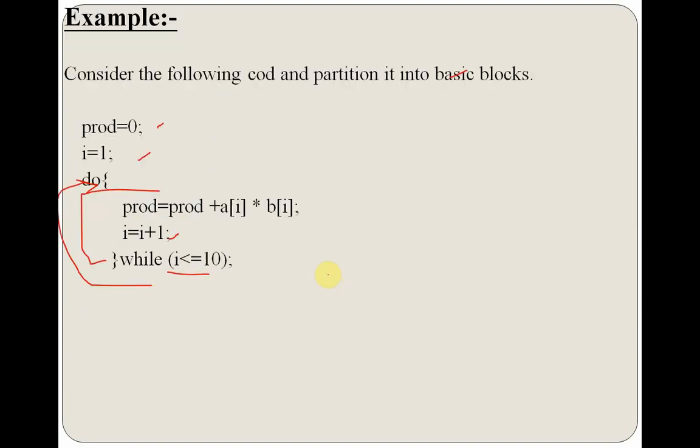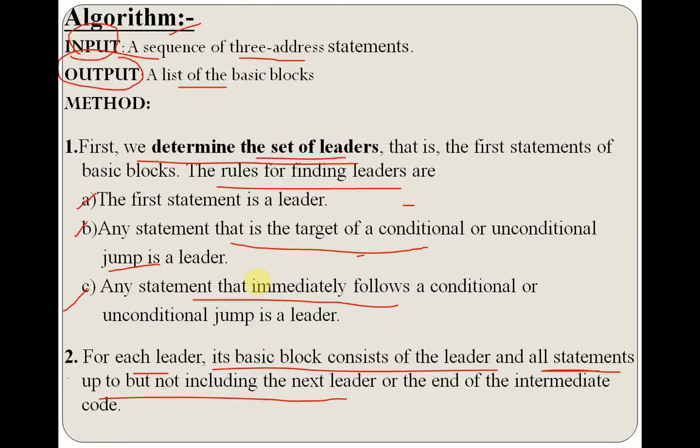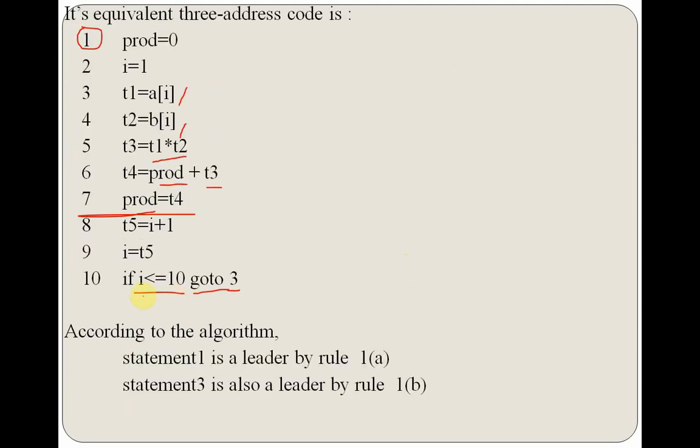See the conditional and unconditional statements in the code. The statement t1 equal to a of i is not a conditional statement. Only one conditional statement is available here: if i is less than or equal to 10, go to 3. Now rule 1b: any statement that is the target of a conditional jump is a leader. For this jump instruction, what is the target? The target is 3. So line number 3 becomes a leader.